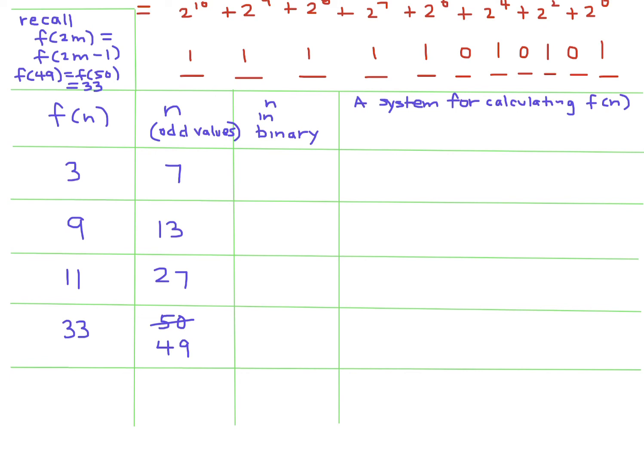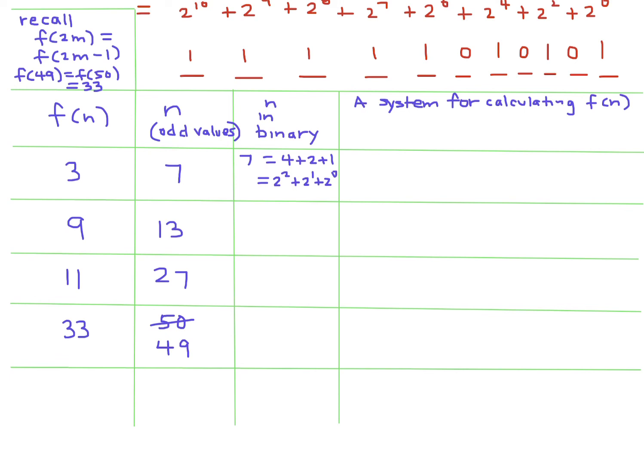All right, so here we go. We have to put 7 in binary. 7 is equal to 4 plus 2 plus 1, and that is 2 to the power of 2 plus 2 to the power of 1 plus 2 to the power of 0. We don't know any system or pattern yet.